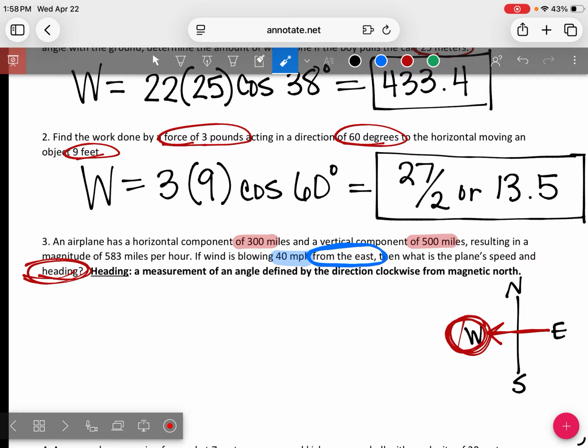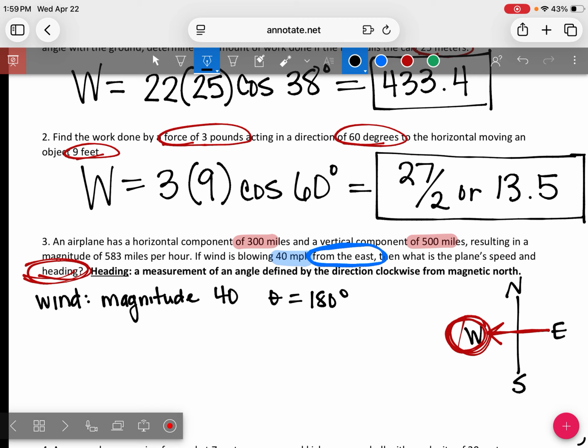So that tells me that the wind has a magnitude of 40 and the direction is 180. So what we need to do is we need to write a vector for the wind.